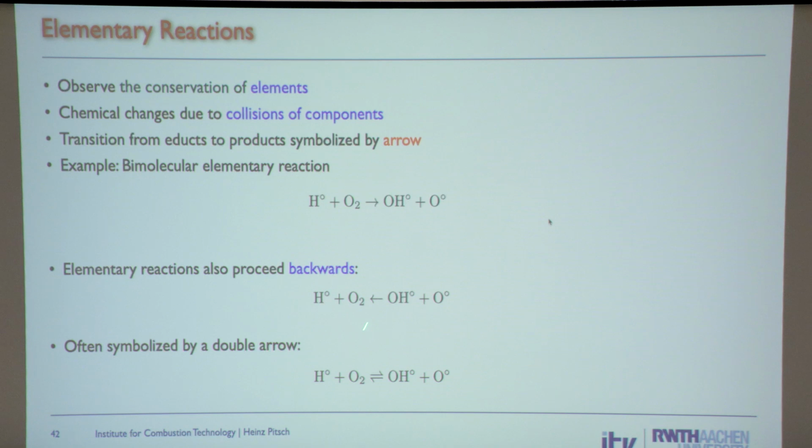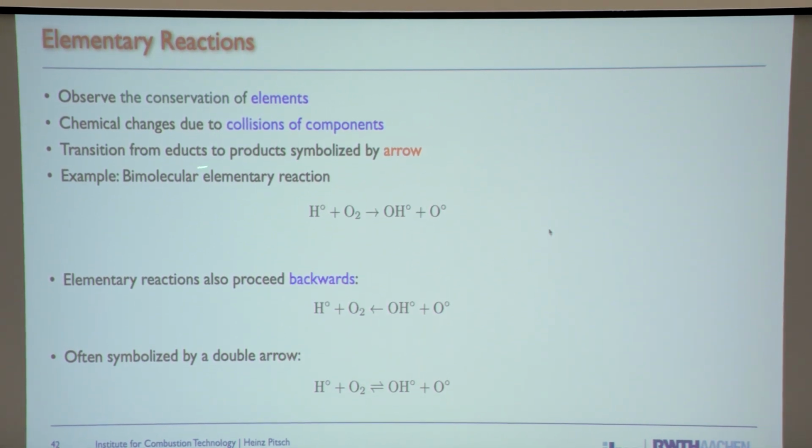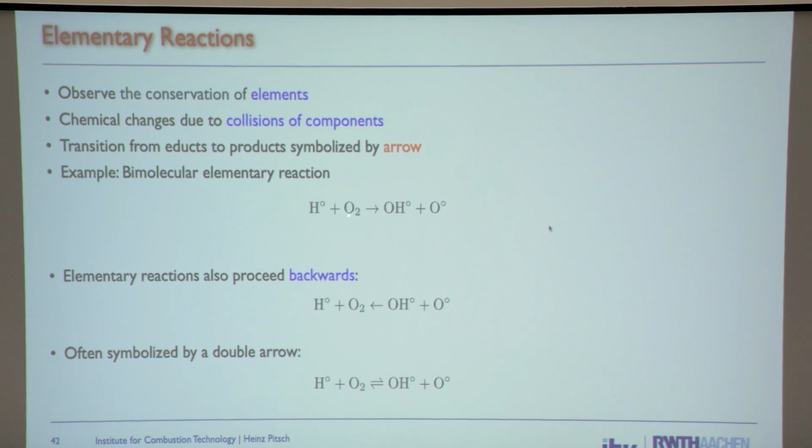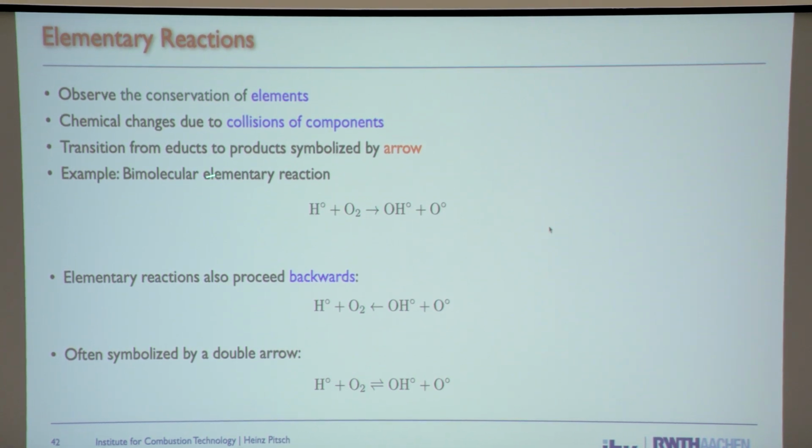Here it is again. Elementary reactions observe conservation of elements, and global reactions also do this. They tell you about a real collision. We denote this here by an arrow. They usually go the other way. Also, they go forward and reverse always, and so sometimes we write this double arrow.